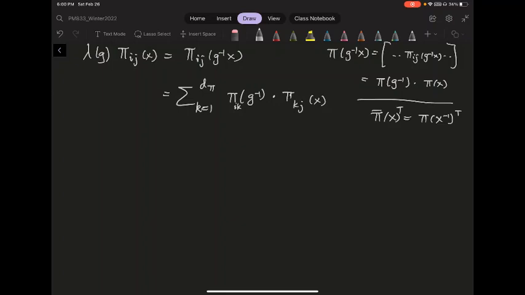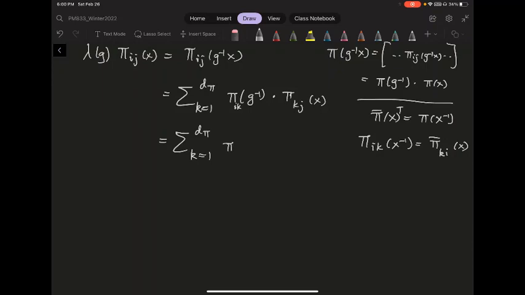Okay, or let's maybe move the transpose to the other side. So the ik entry of pi of g inverse is essentially just the ki entry of pi bar. So you immediately have that pi ik of x inverse is equal to the pi bar, thinking of it as a d pi by d pi matrix, the ki entry, because that's the transpose of x. So I can rewrite this as a summation, k going from 1 to d pi.